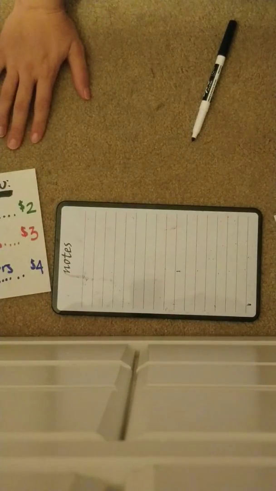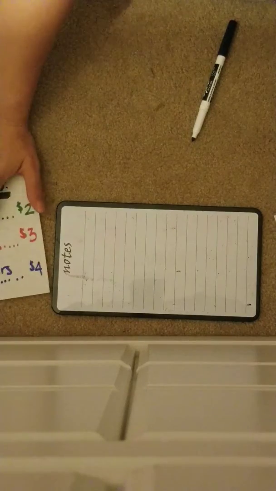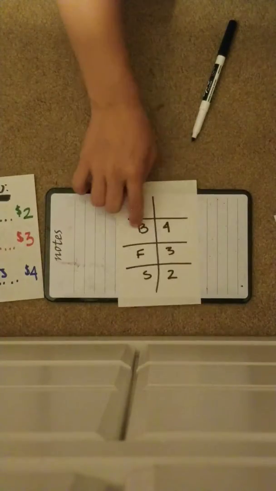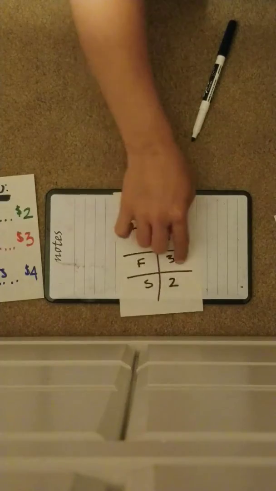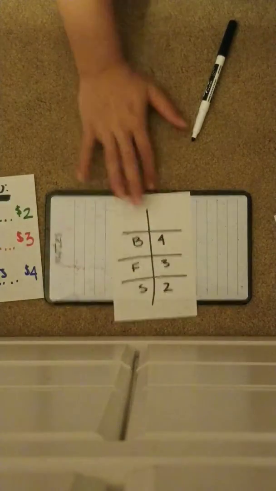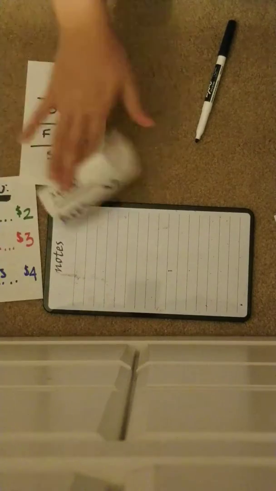So we could do the same thing for 3 sodas, 3 french fries, and 3 burgers, and get a different total by just plugging it in. I would want them to understand that B equals 4, F equals 3, S equals 2, and then you just change how many you have. And then I'd change up the menu and the costs.